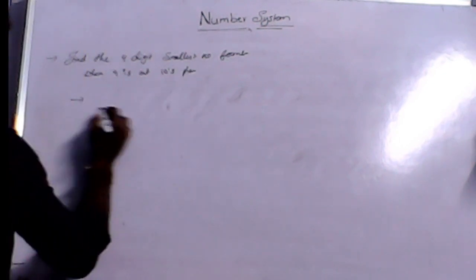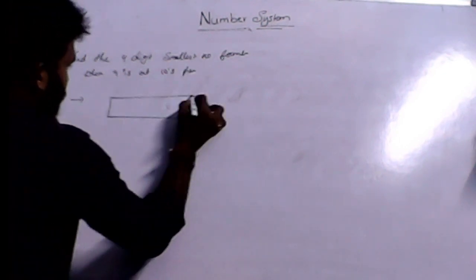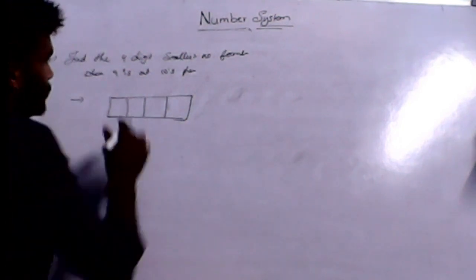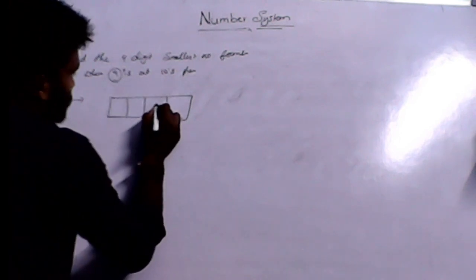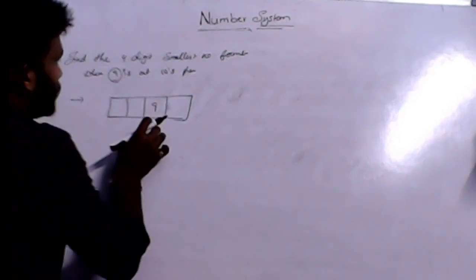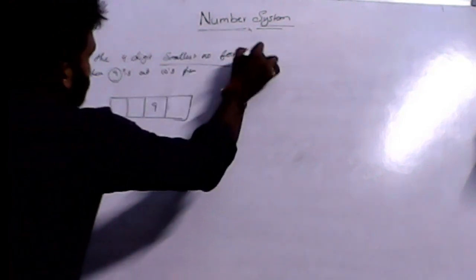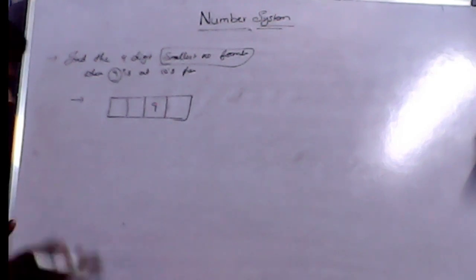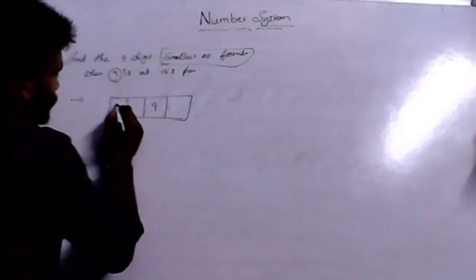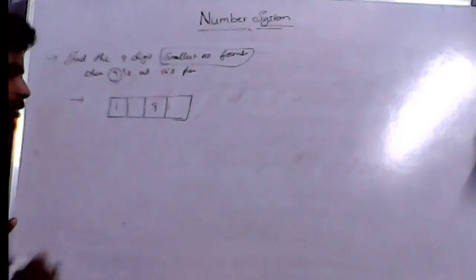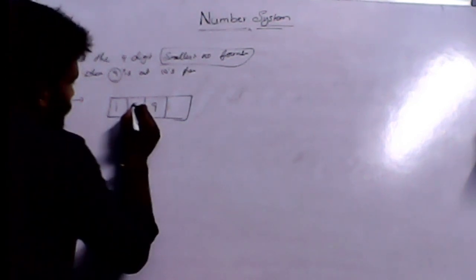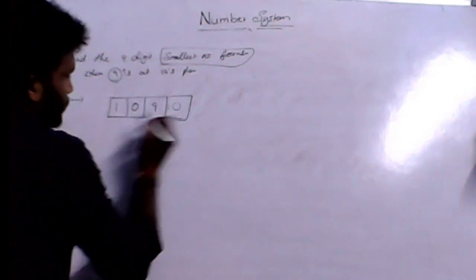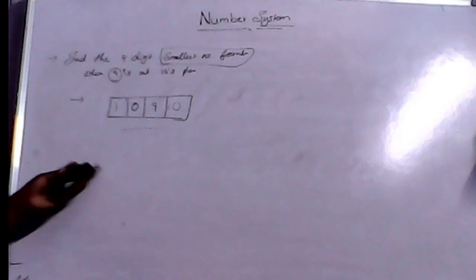For this type of question, we draw 4 boxes. In the question they have mentioned 9 is at the tens place, right? And they have also mentioned the smallest number. So to get the smallest number, we place 1 in the leftmost place, then 0 in the next place, and 0 in the last place. So this is the smallest number.